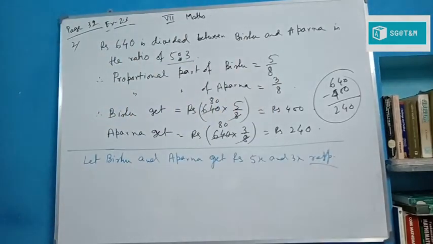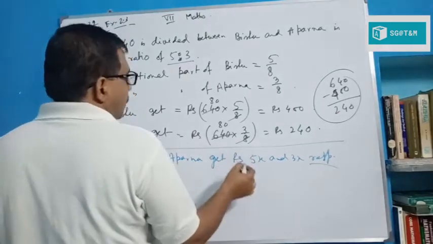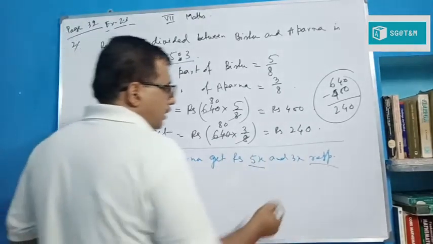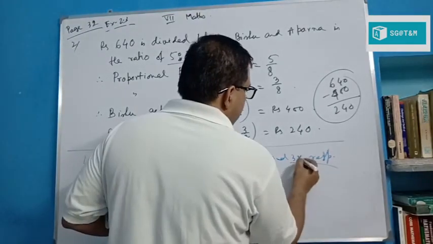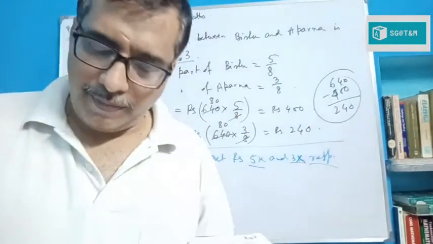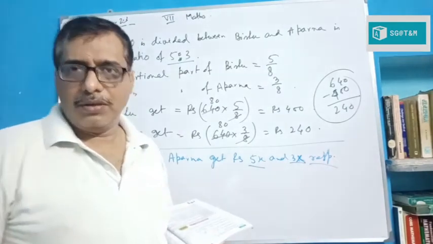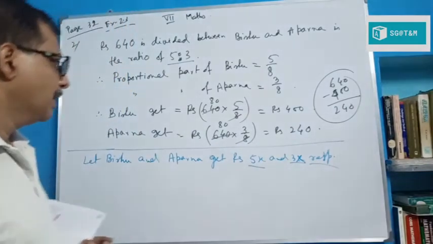Why? Since the ratio is given as 5:3, if Bishu gets rupees 5x, then Aparna gets rupees 3x, where x is a non-zero constant.